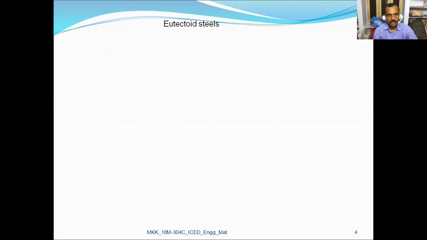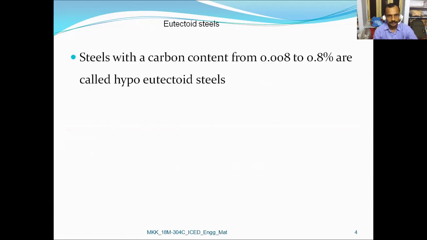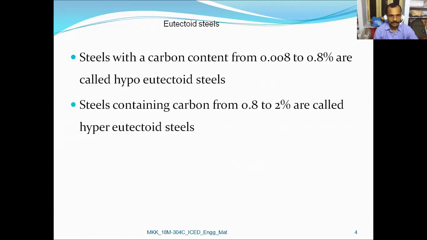Here the eutectoid steels, in which we have hypoeutectoid steels, hypereutectoid steels, and eutectoid steels. Let us have a look. The steels with carbon content from 0.008 to 0.8% are known as hypoeutectoid steels.